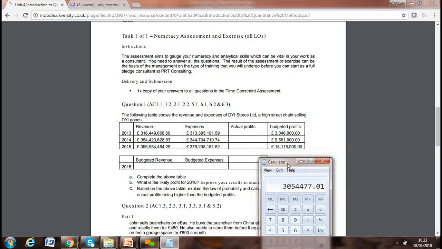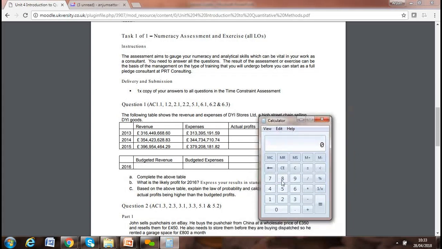So I'll do the second year as well. Yes. 3, 5, 4, 4, 2, 3, 6, 2, 8, 9, 3, and minus 3, 4, 4, 7, 3, 4, 7, 1, 0.74.